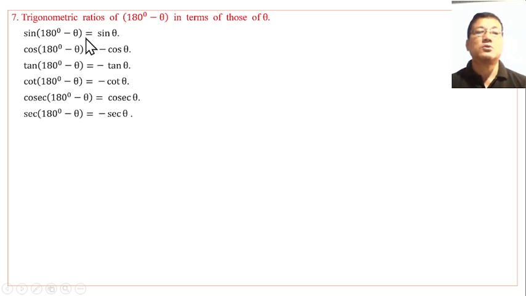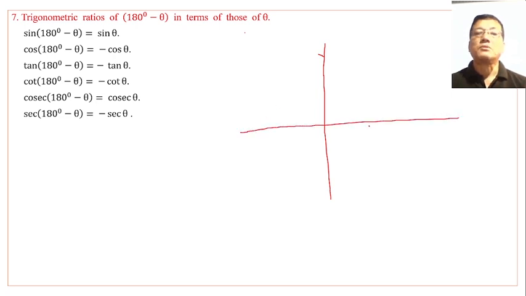The rule for the second quadrant: 180 is a straight angle, so the acute angle is taken with the revolving line.